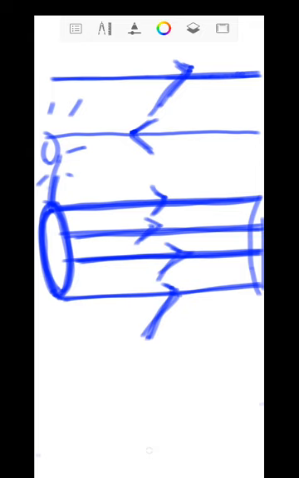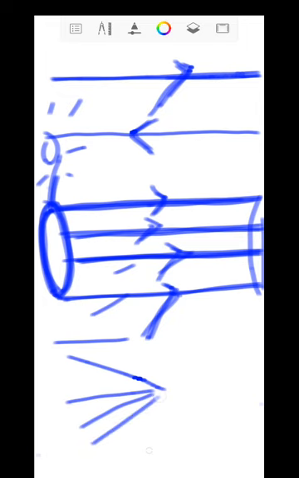Now there are three different types of beams of light. The first one is parallel. These are called a parallel beam of light or parallel rays. Convergent. The term indicates it converges to a direction.